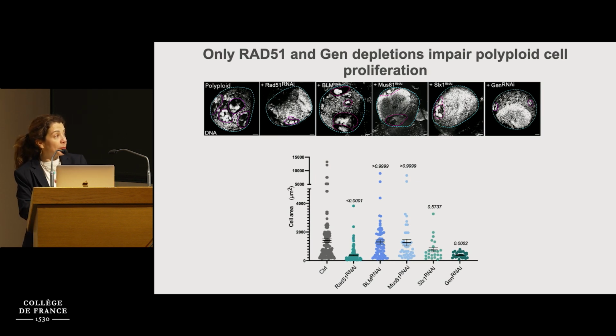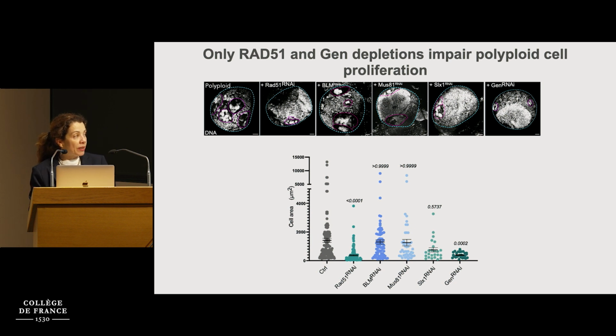And we were very surprised to see that while RAD51 gives these defects in proliferation, as expected, because without homologous recombination these high levels of DNA damage will probably not be compatible with proliferation, none of the other proteins, BLM or MUS81 or SLX1, were actually involved in the proliferation of polyploid cells.